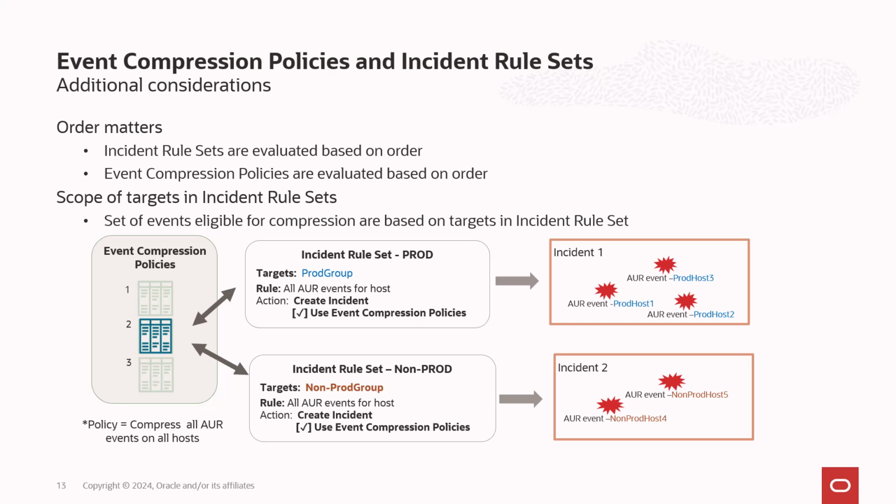When the agent unreachable events are triggered, then if they are associated with a host in the production group, they will match the target's criteria in the prod rule set and hence will be compressed as part of incident 1. When the agent unreachable events are triggered and these are associated with a non-production host, then they will match the non-prod incident rule set and will be compressed as part of incident 2.